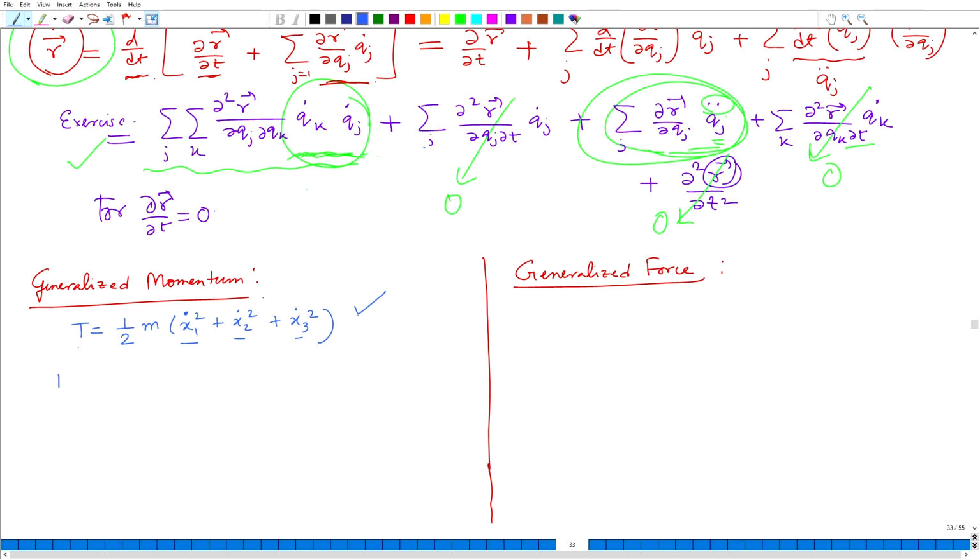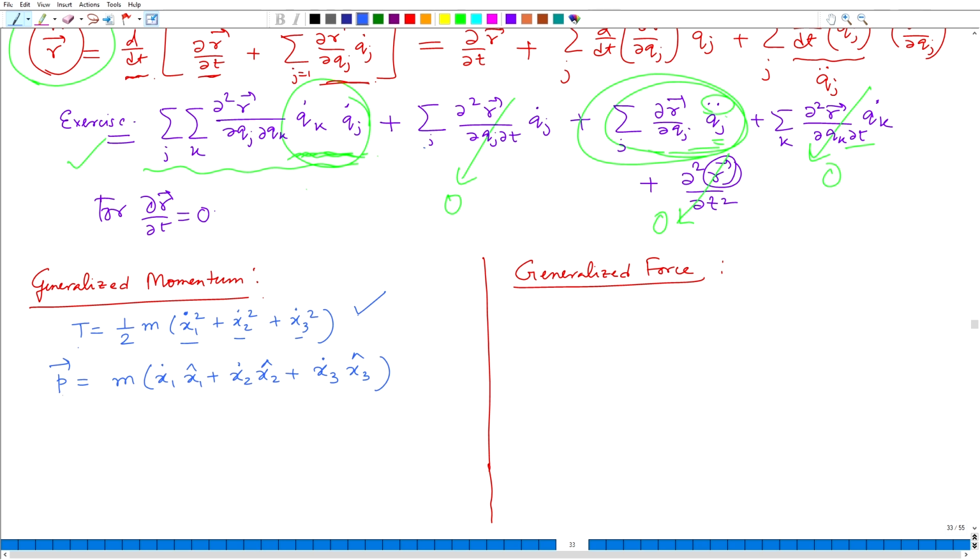So, the linear momentum of the particle is simply given by p equals m (x1 dot x1 cap plus x2 dot x2 cap plus x3 dot x3 cap). Okay.